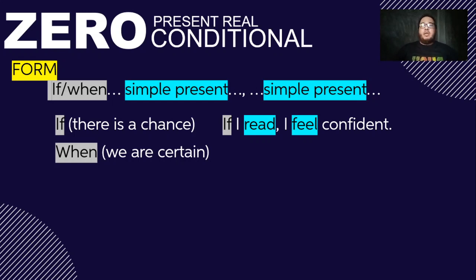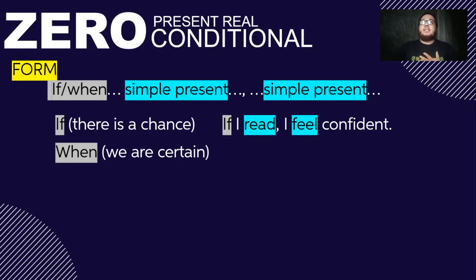Let's have this example. If I read, I feel confident. So I make use of the if here, telling the person that I'm talking to that if I read, so I might be reading or I might not be reading. If, just if I read, I feel confident. So it's not part of my daily routine that I'm reading.